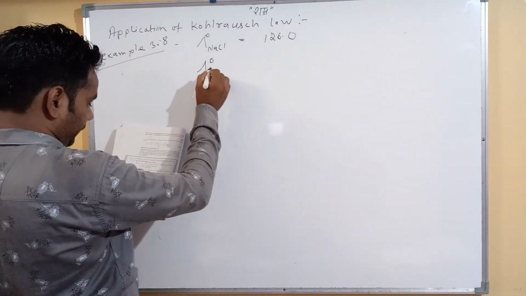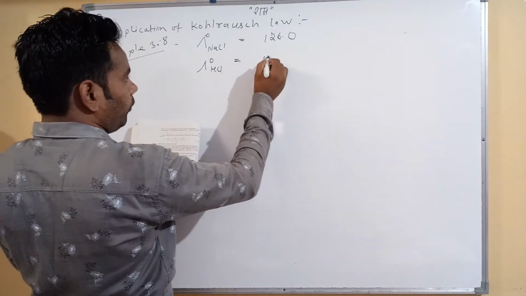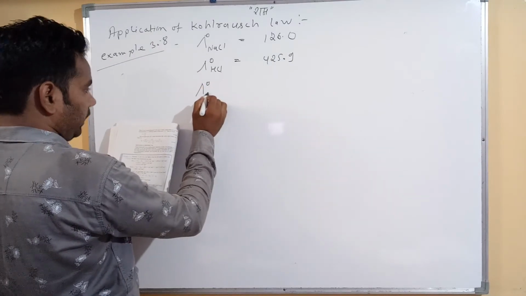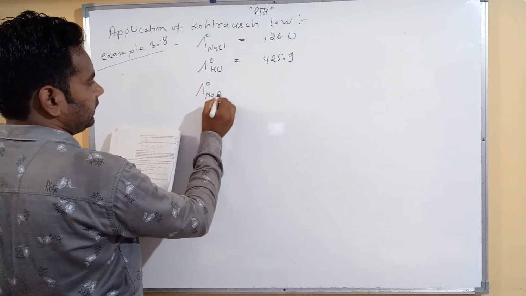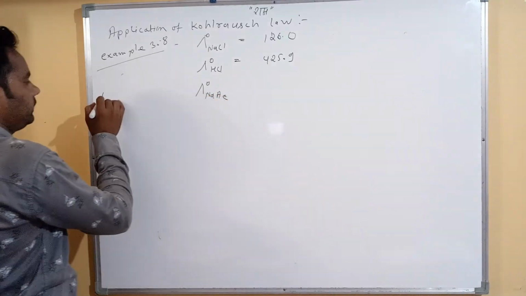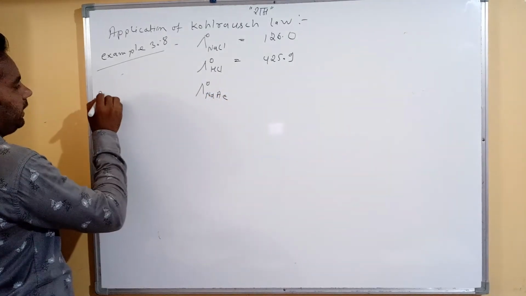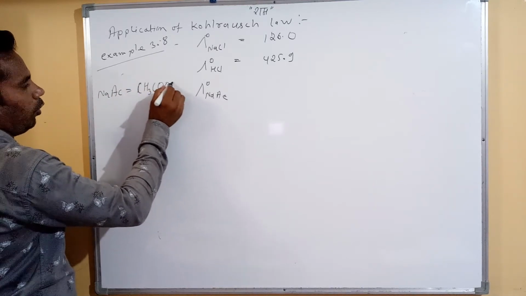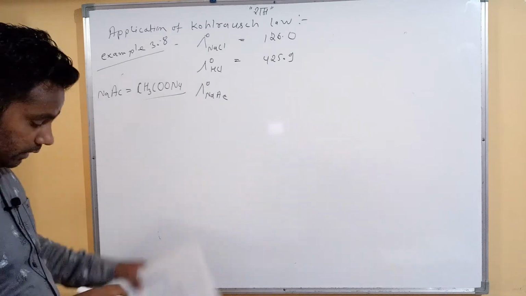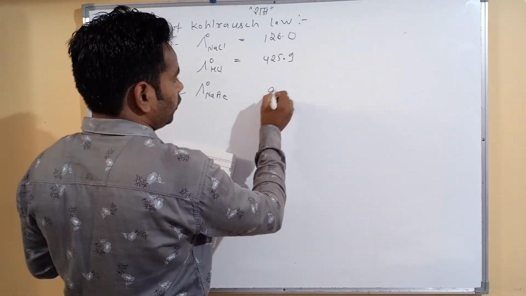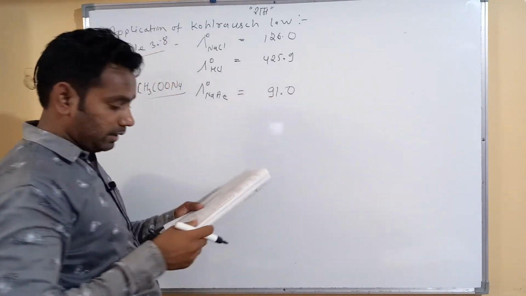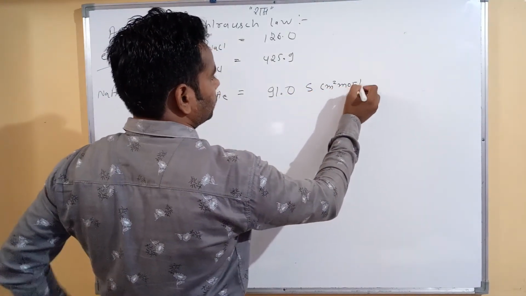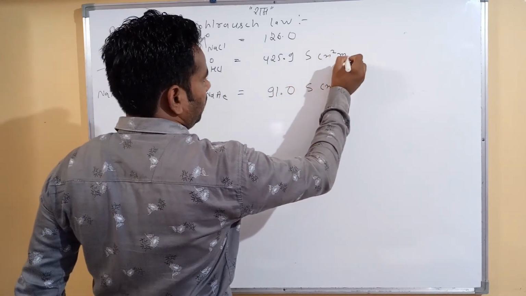Then the limiting molar conductivity for HCl is 425.9. Then sodium acetate, NaAc, meaning CH3COONa, sodium acetate. The value of limiting molar conductivity for sodium acetate is 91.0 Siemens centimeter square mole inverse. I use this unit for all three.